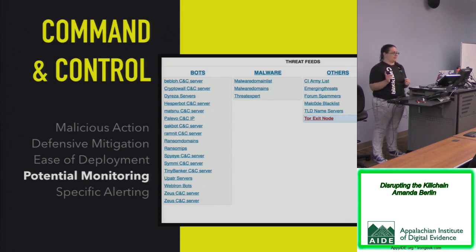Just the other day, there was a company that added all 169.254 addresses to a threat list, which really can mess up the inside of your network. I've also seen people add all RFC 1918 addresses, because anybody can submit stuff to some of these threat lists, and then all of a sudden you're getting 5 million alerts on threat list activity when it's just the inside of your network talking.